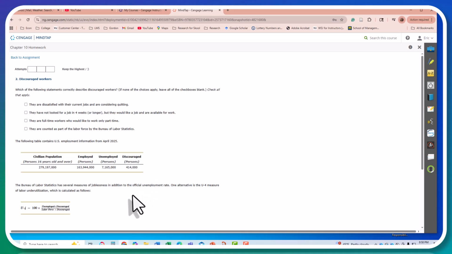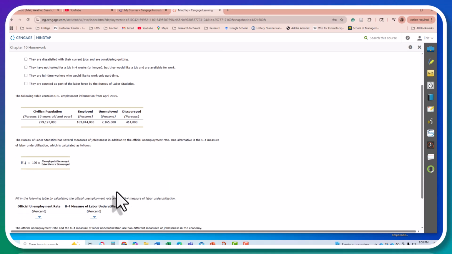Looking at our tables once again, and you might remember we've talked about this in the past. The table is on 193, and it gives us 6 different descriptions of people who are unemployed: U1, U2, U3, etc. Looking at U4, unemployed, discouraged, divided by labor force, everyone there, and discouraged.